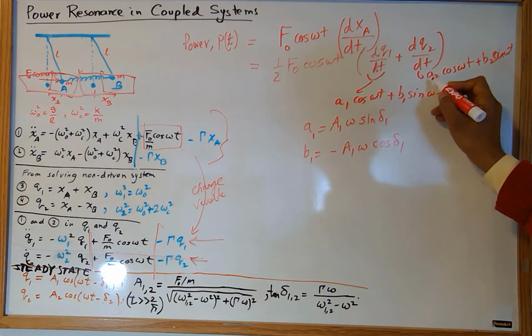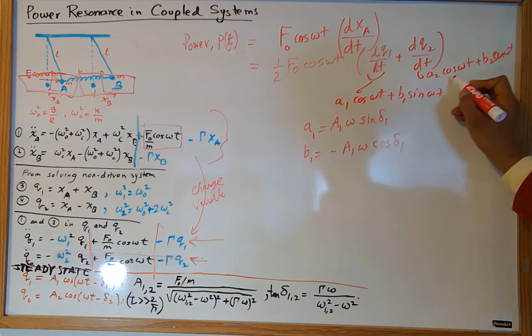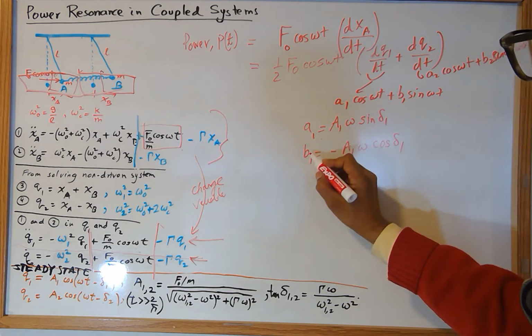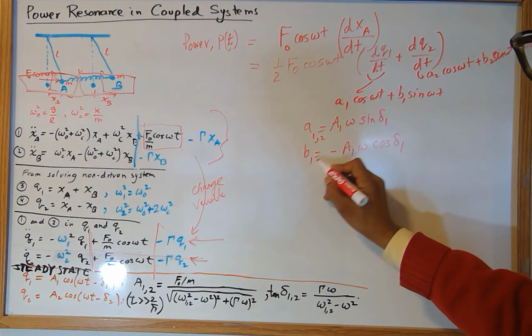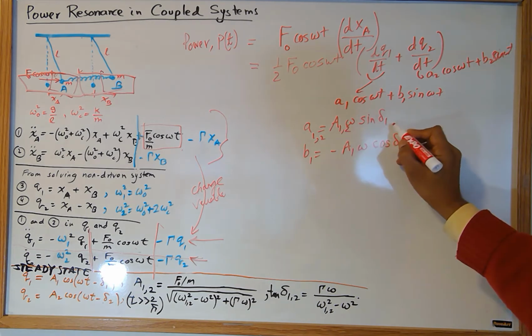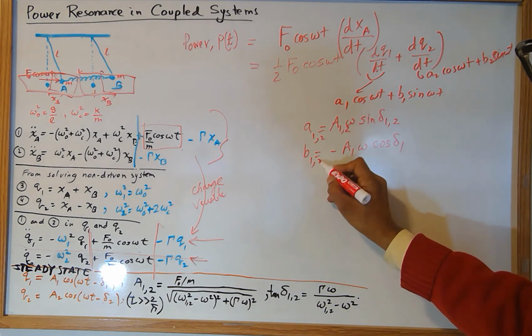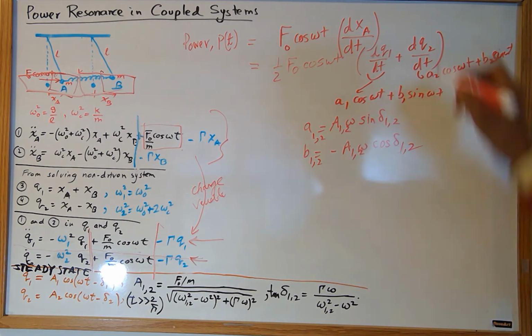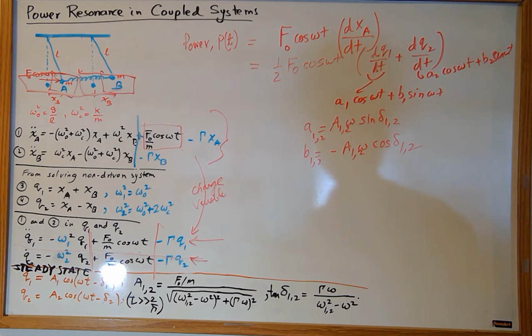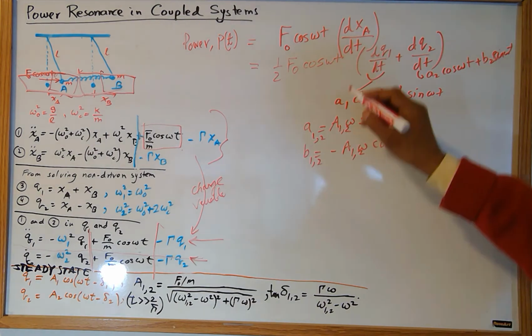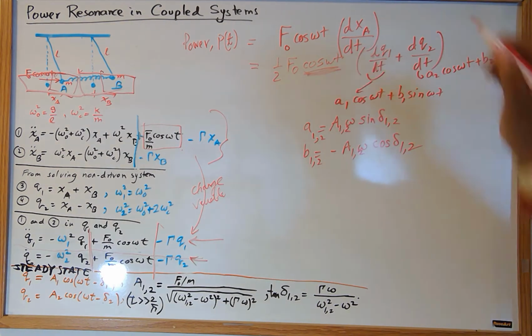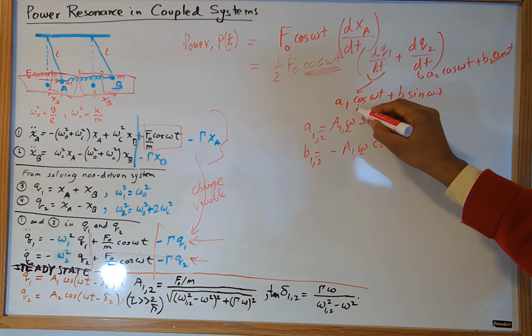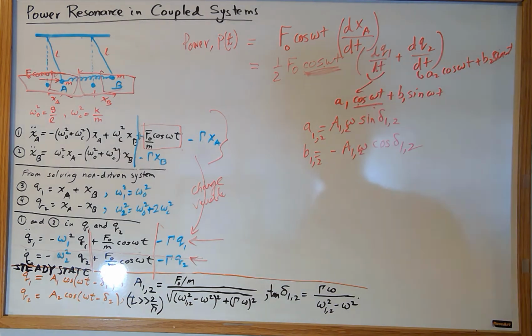Similarly, there are formulas for a2 and b2, for 1 or 2. So now I've got all the formulas lined up. Now I see this cosine multiplied with cosine will give me cosine squared.